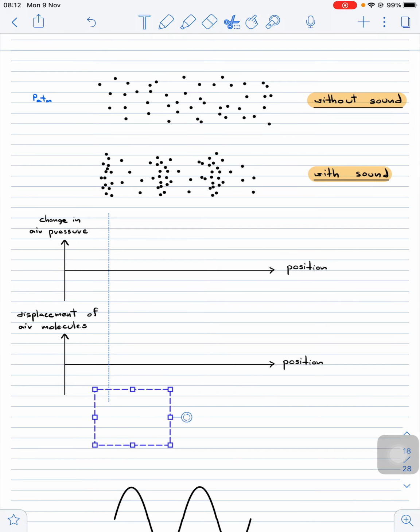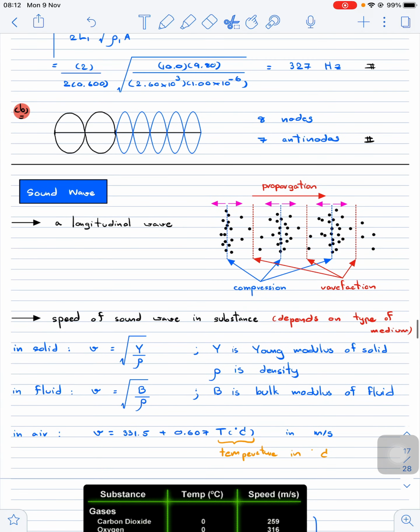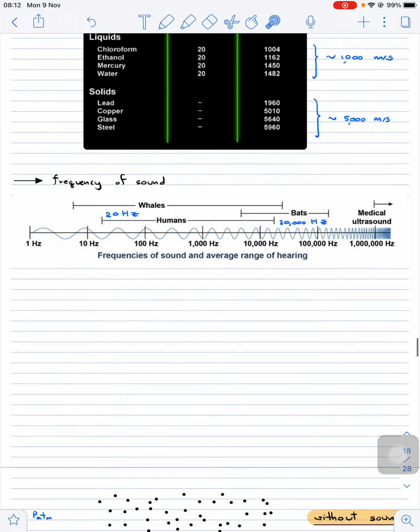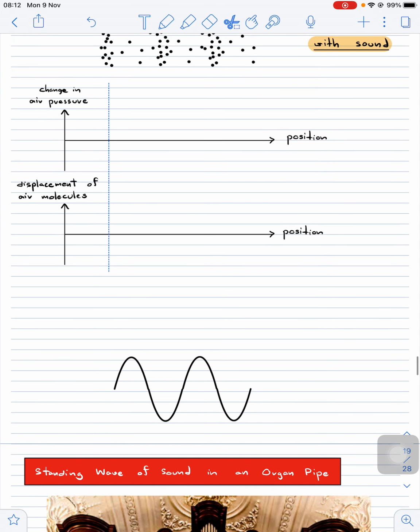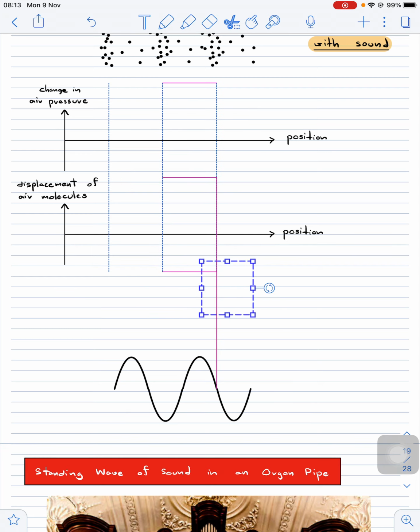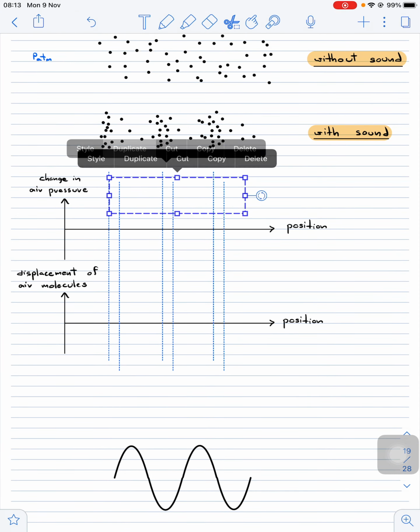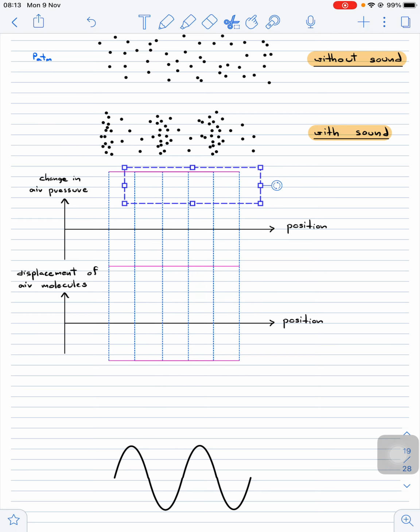Okay, with this conclusion, let me see, I use the blue one for the compression and the red one for the rarefaction. So I'm going to use the same thing here. The blue one for the compression, and the red one for the rarefaction.